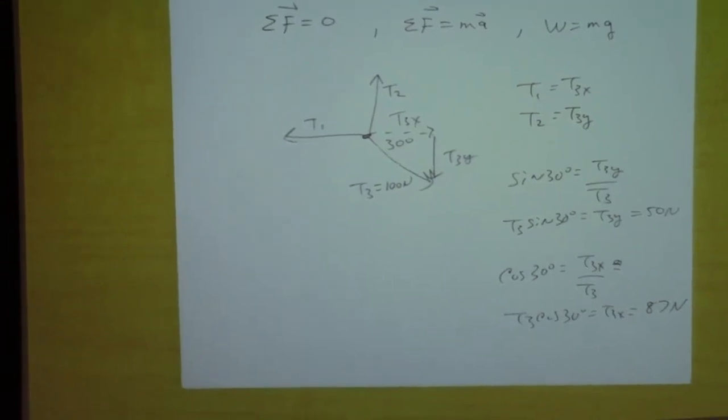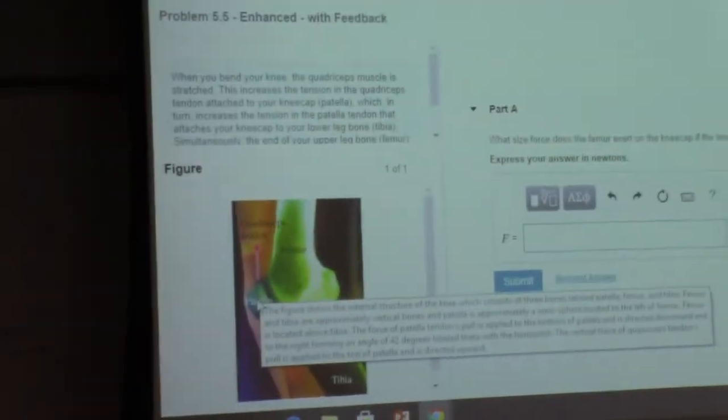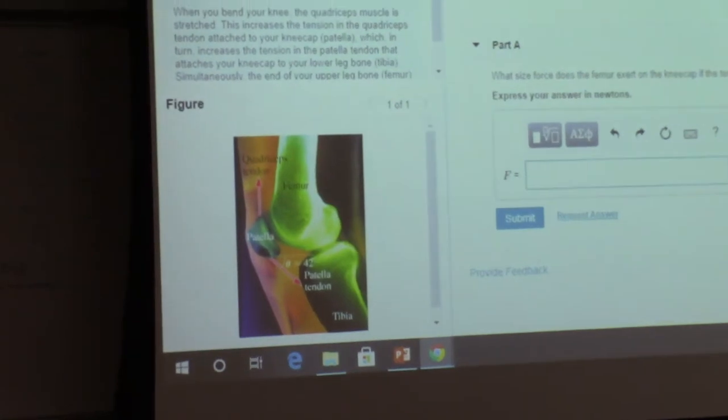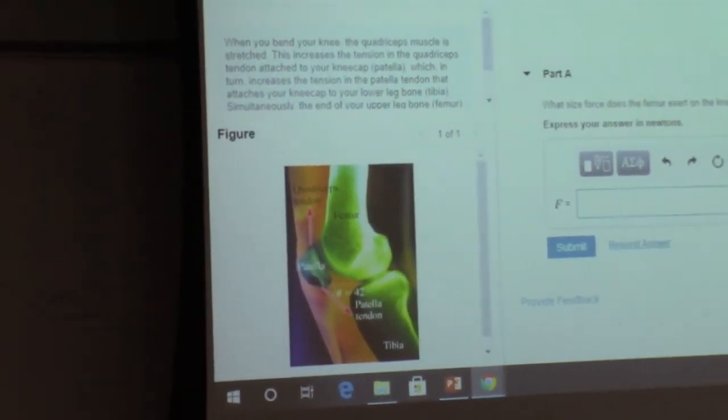So let's look at a few more of these. So this is kind of a neat one. This is actually going on in your body, balancing forces from tendons and bones on kneecaps, things like that, which you can't see. So when you bend your knee, the quadriceps muscle is stretched.